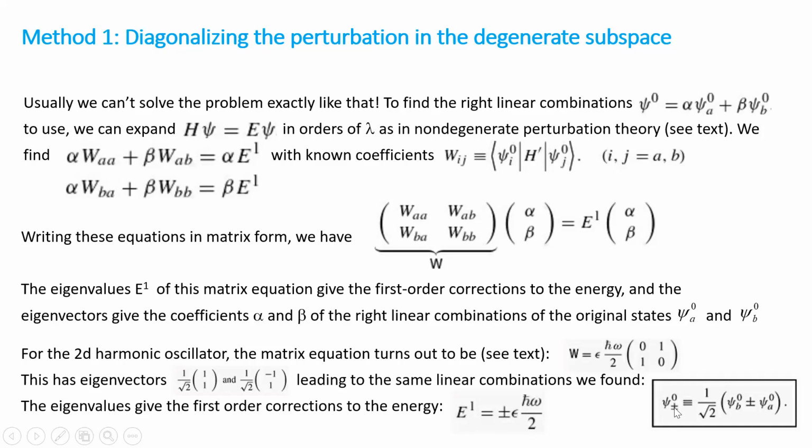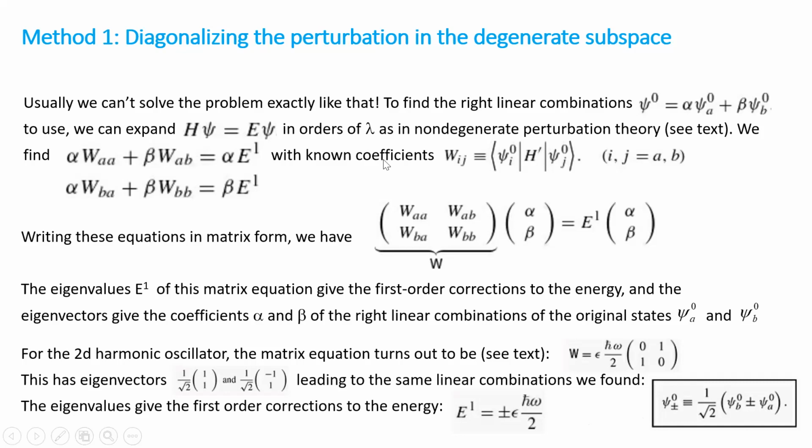So the upper state, psi 0 plus, with the plus sign here, has a higher energy, so the first order correction is positive, and the psi b0 minus psi a0 has a negative first order correction. So the two states split with the perturbation. One linear combination, the one with the plus, goes up in energy, the other linear combination goes down in energy. Okay.